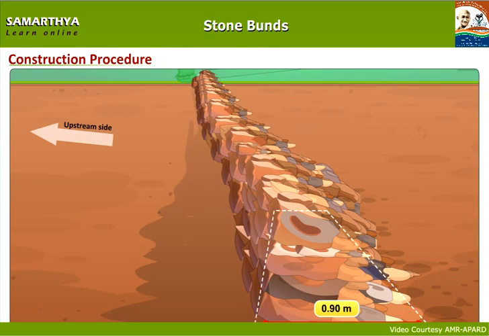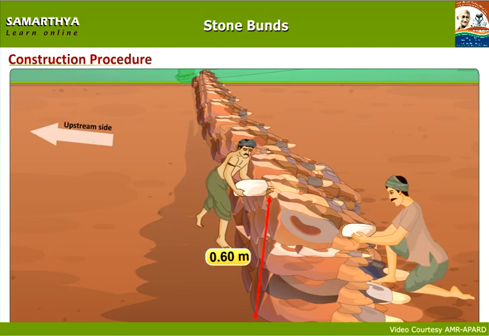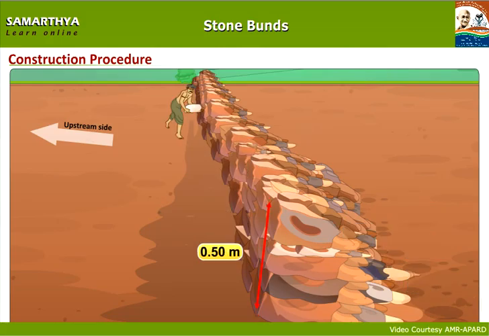The bunt should be built in such a way that the bottom width of the stone bunt is 0.9 meters, the top width is 0.3 meters, and the height of the bunt is 0.6 meters, 0.5 meters from ground level.